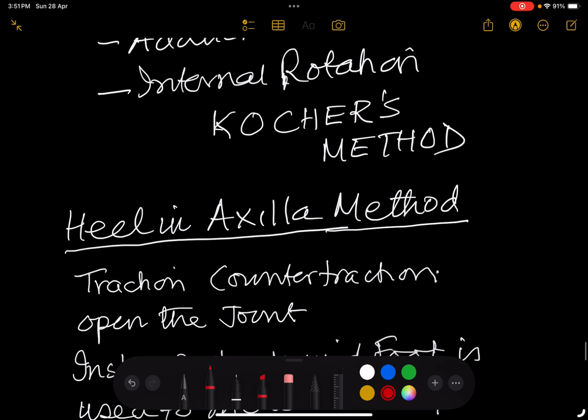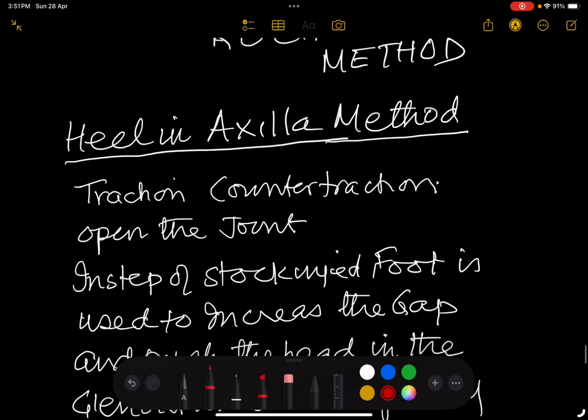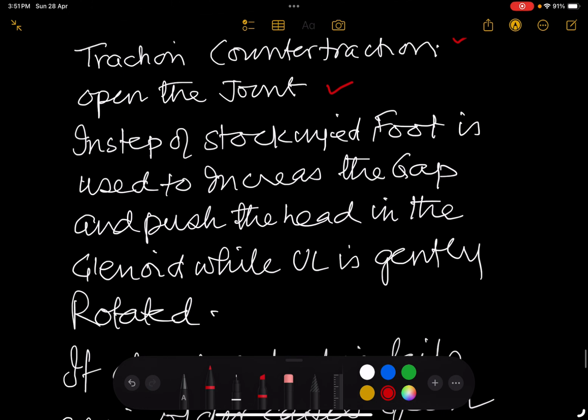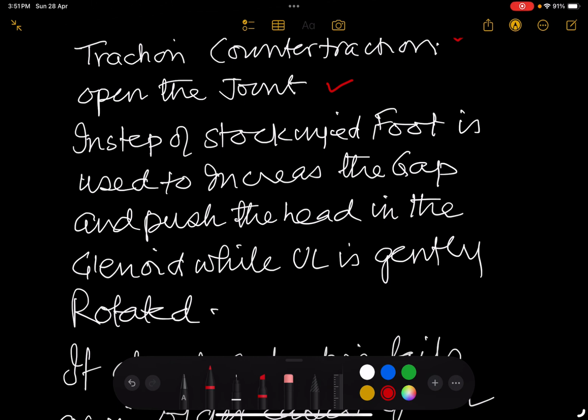But if you think that you will produce a surgical neck of humerus fracture because of osteoporosis, or there is a fracture, then by simple traction and counter traction, you create a space between the upper end of the humerus and the glenoid, and using the instep of a stockinged foot, you push the head into the glenoid cavity.